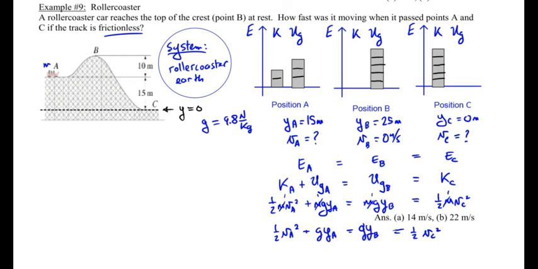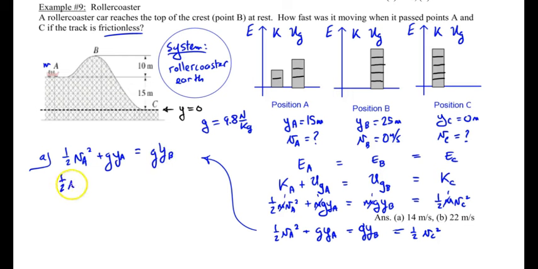So if we're solving for that velocity at position A, we're really just going to use this part right in here. So let's just put that over here, part A. We have 1/2 v_A squared plus g times y_A, and that's equal to g times y_B. And now we can substitute in.